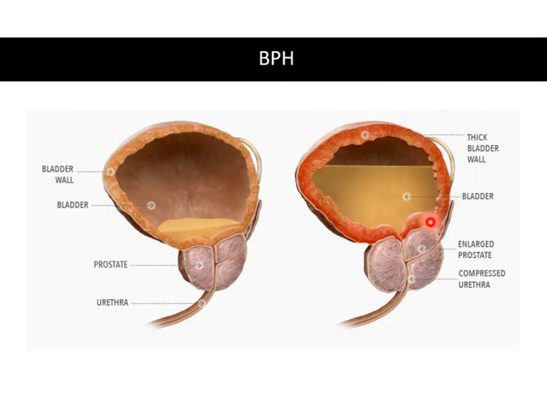The signs and symptoms of BPH are generally hesitancy, dribbling, decreased force of the urinary stream, increased frequency, nocturia, and recurrent urinary tract infection. Most commonly, the individual will come with the complaint that I want to pee, but I have difficulty in starting it, and it comes out very little.